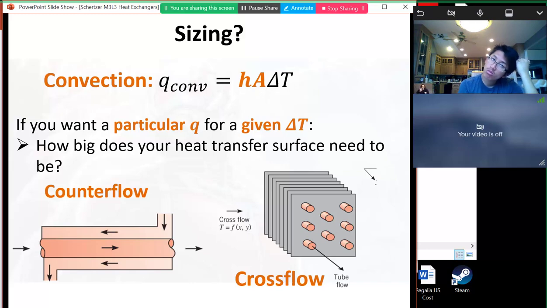You already had a case to put it in, so you had to make it efficient enough so that your area was small enough that it would fit. Different heat exchanger types have different, I hesitate to use the word efficiency because it has a particular meaning, but you can get a particular amount of heat transfer for a given area depending on which heat exchanger type you pick.